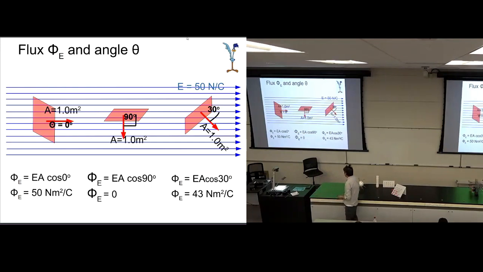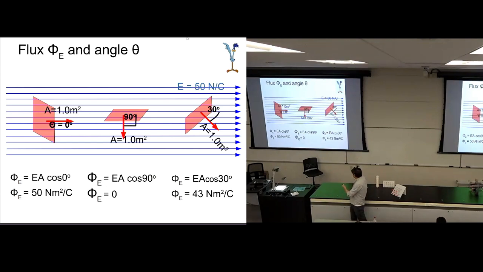Okay, final one. And this is the one that you can get caught out with, because flux also depends on the orientation of the surface in the field. And this illustrates that the flux depends on the orientation in the field. So this field here in blue is the same everywhere on the slide. So the field is a constant field.